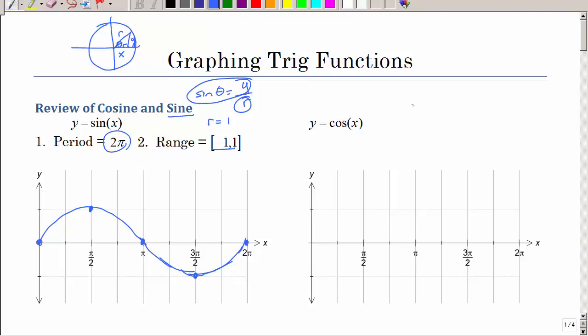Cosine. We defined the cosine of theta to be x over r, and if r is 1, then we get cosine to be the x values on our unit circle. We still had a period of 2 pi, we still had a range of 1 to -1, but again, let's see where that unwrapping or the graph comes from.